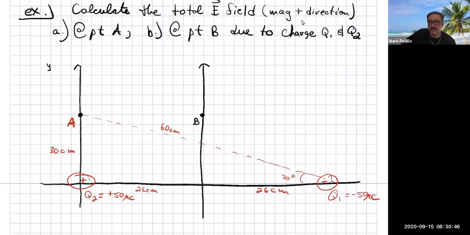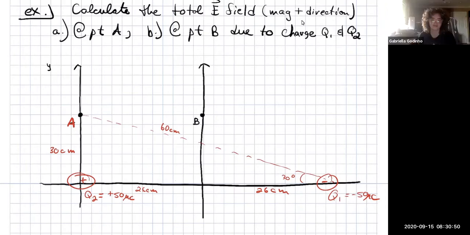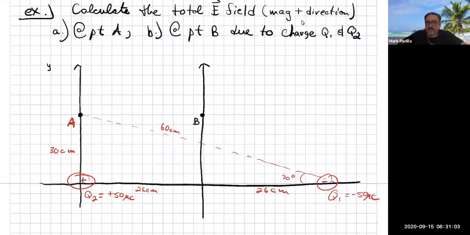Okay, is the Q2 positive or negative? It's positive. So does the electric field propagate out of a positive or into a positive? I put that it goes in. Did I write it wrong? Positive is always out. Okay.